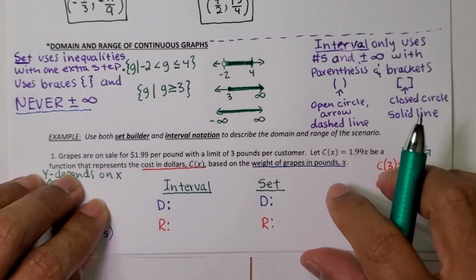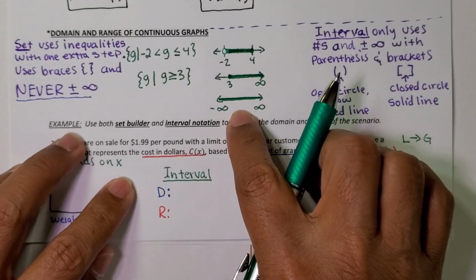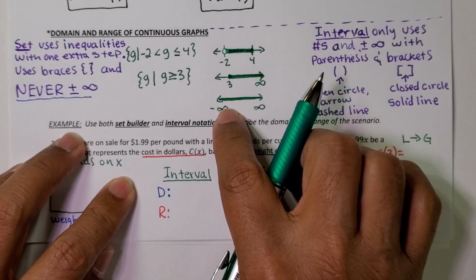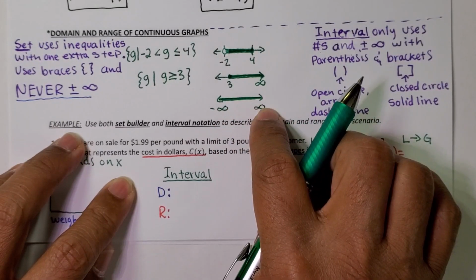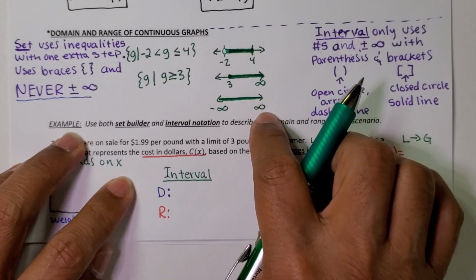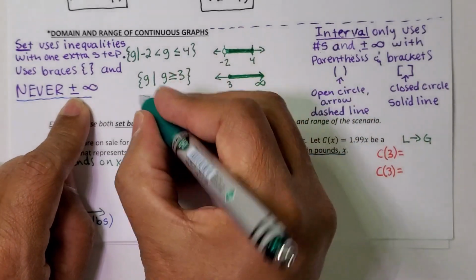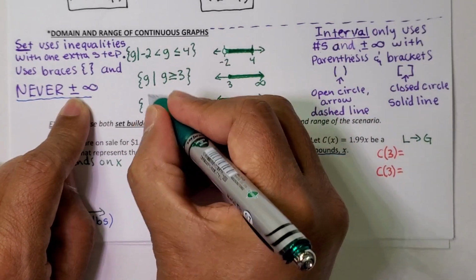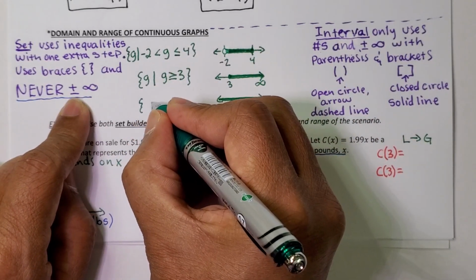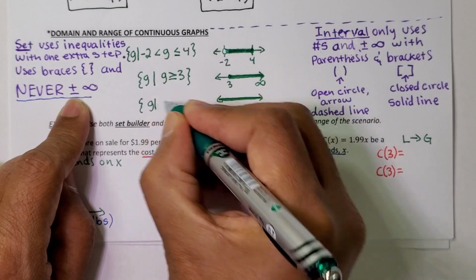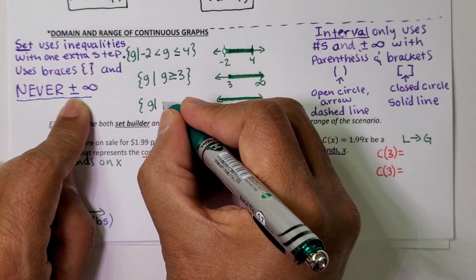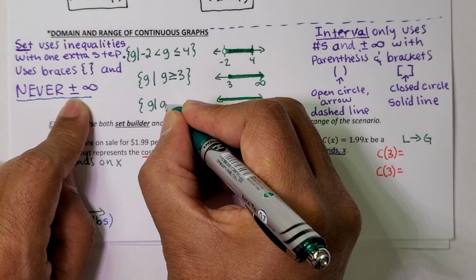All right, let's go to the last example here. For this one, it's saying from -infinity to positive infinity. So how do we do this one if we can't use plus or minus infinity? Well, this is a special case. What you do here is you're still going to have this, and you still have G, okay, but now I'm going to introduce something that I don't think you've seen.